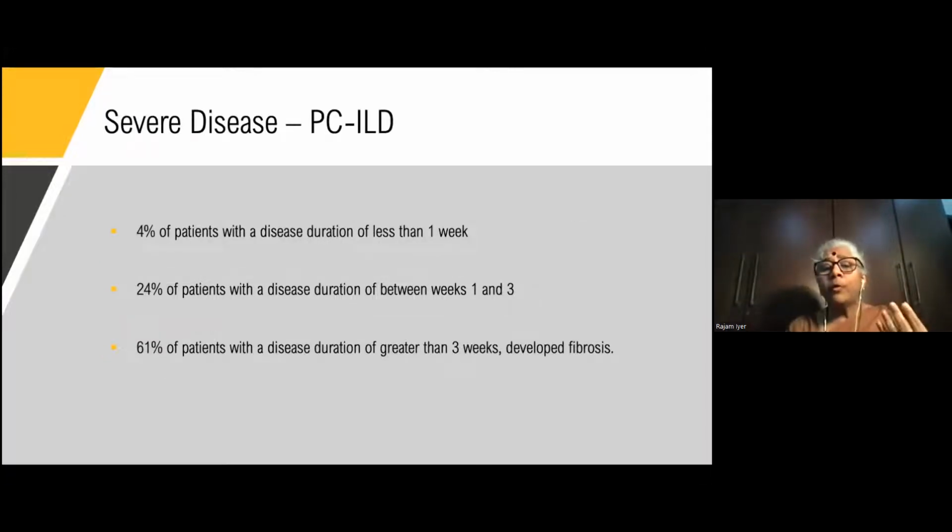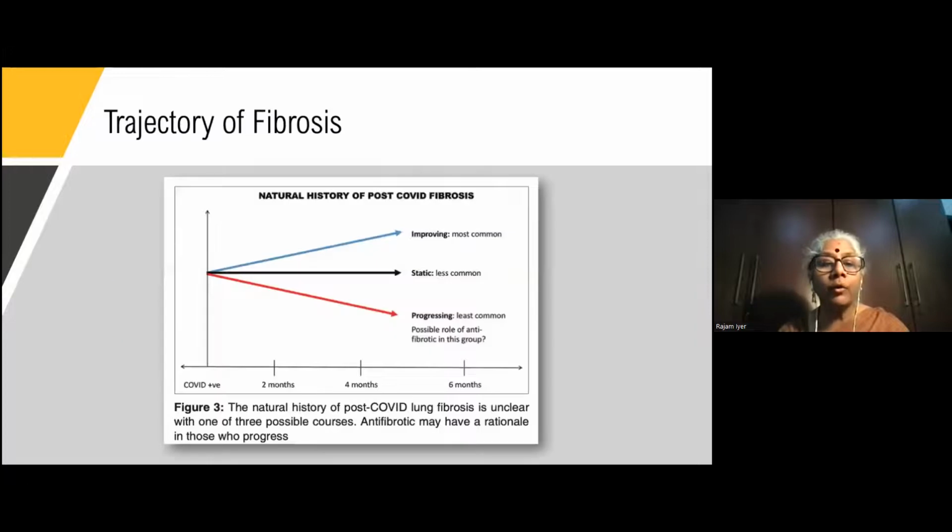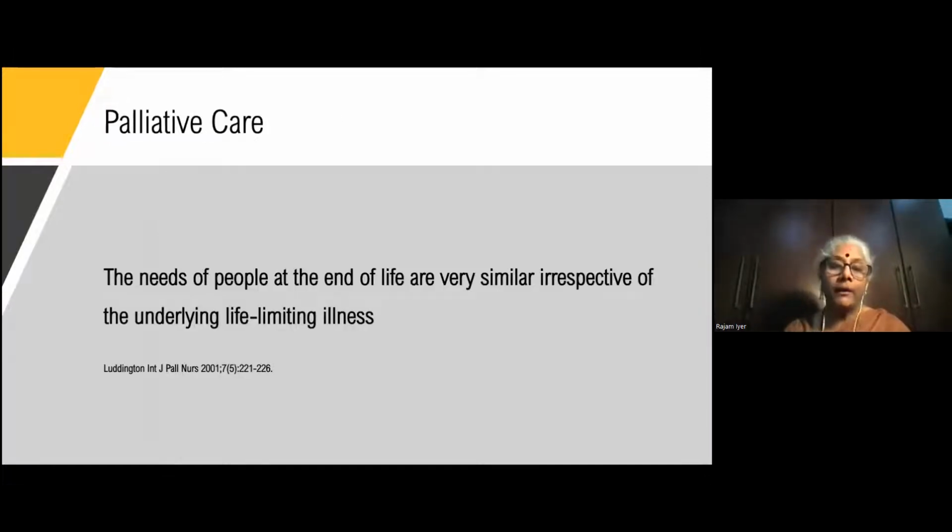Of course, we have a few patients who recover in 8 to 12 weeks, but there are a few people who continue to have severe disease, and we probably will need a lot of palliative care support and integration for these patients. This is just a graph to show how COVID fibrosis can progress, and those which deteriorate, like I said, will need palliative care.